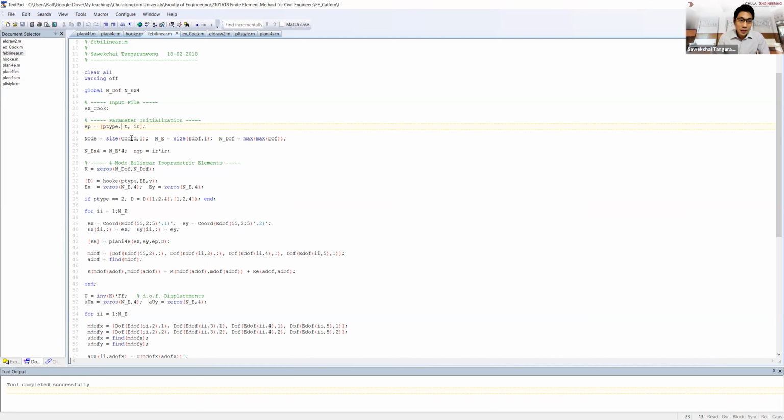The node, they just extract the number of the nodes for you, right? According to the input, you have to put the coordinates. If you recall what you did in the advanced structure analysis, I try to use the same notation. The coordinates, you just input the coordinates of all the elements.